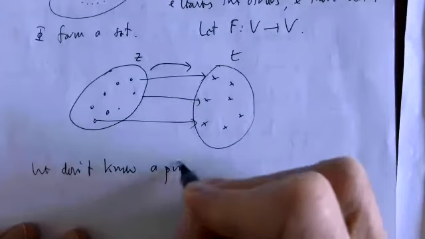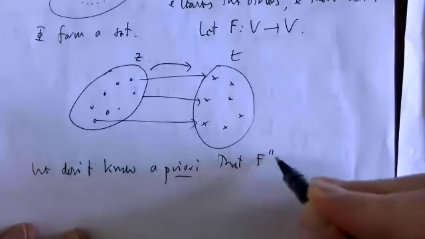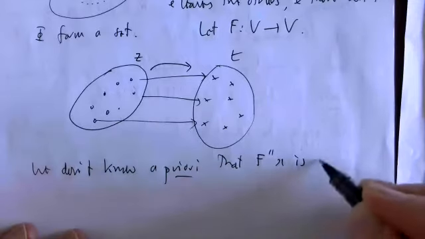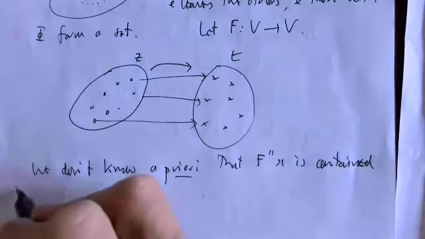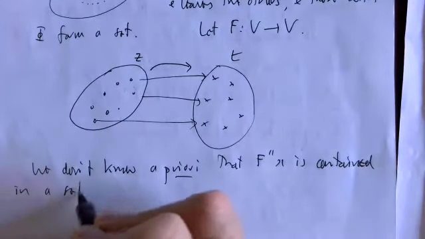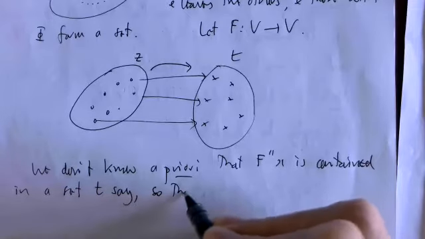So we don't know a priori that f on x is contained in a set T so that we can apply subsets.